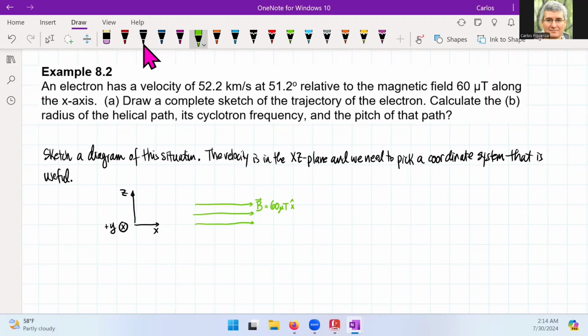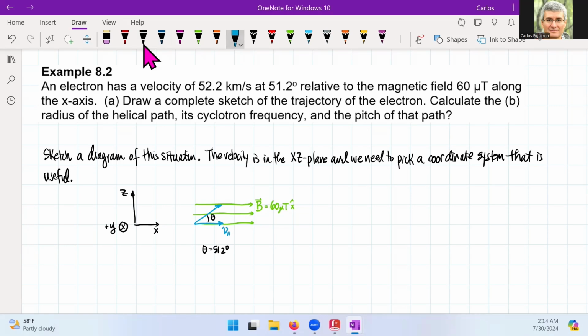Then my velocity is going to be 51.2 degrees relative to the z-axis. So I have to have a component in this direction, which I'll call v parallel. And this angle here is 51.2 degrees, even though I keep saying that it's 60 degrees, it's not.